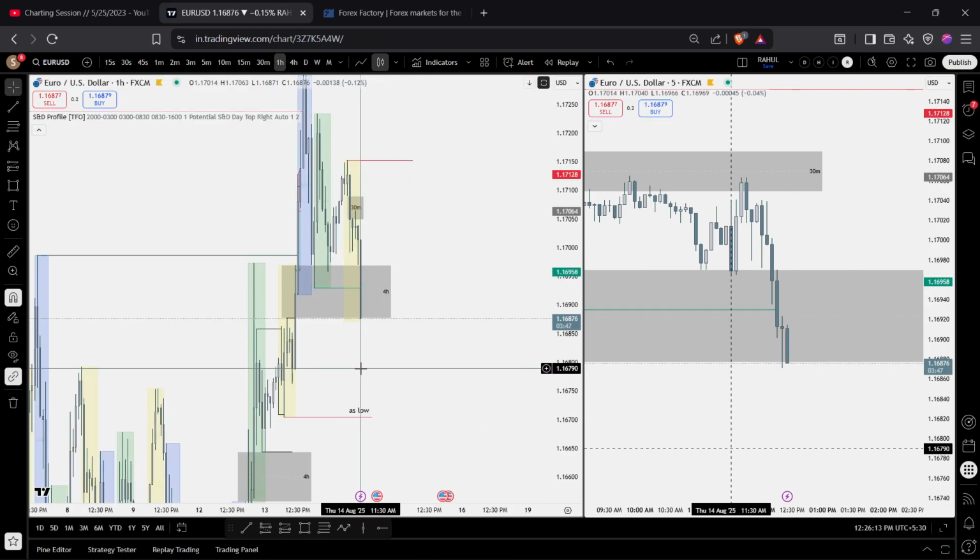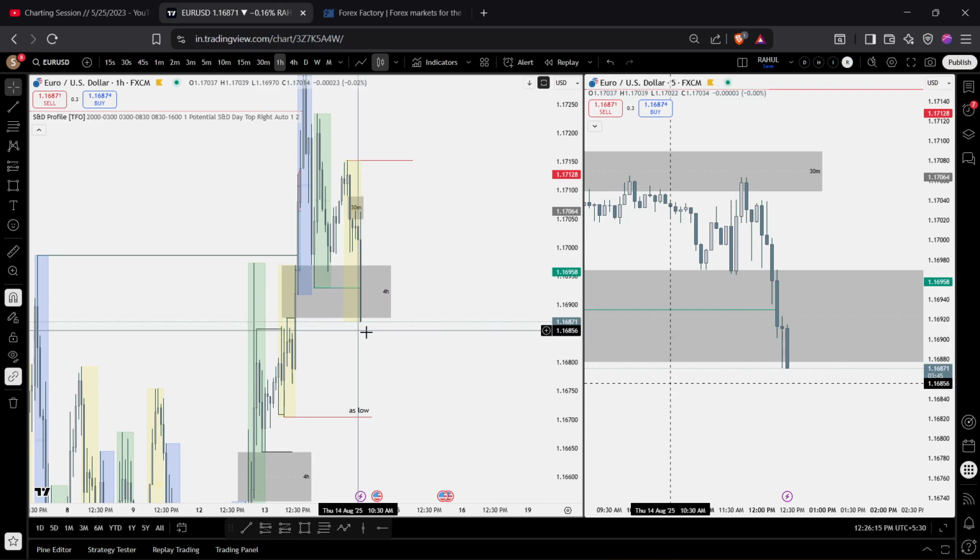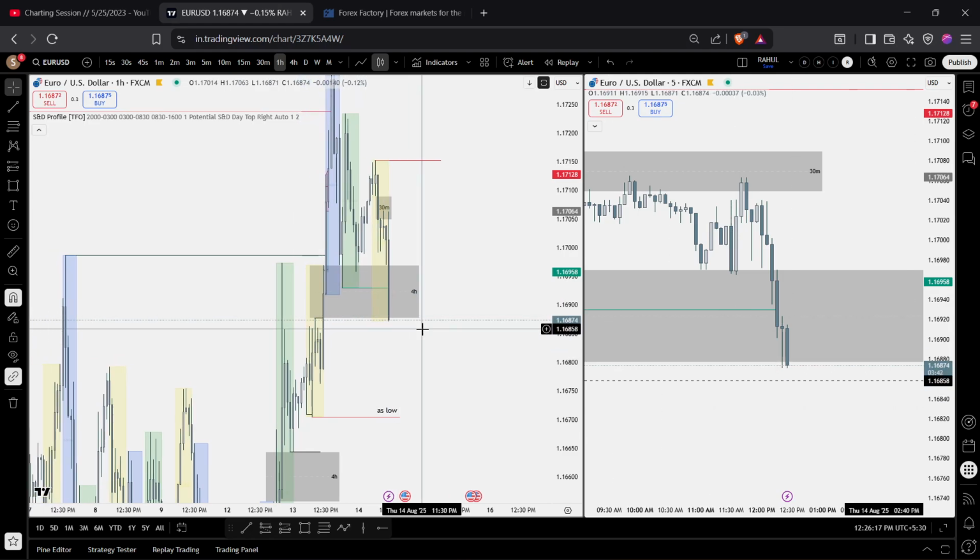If it closes below, then we need to wait for further price action to load.